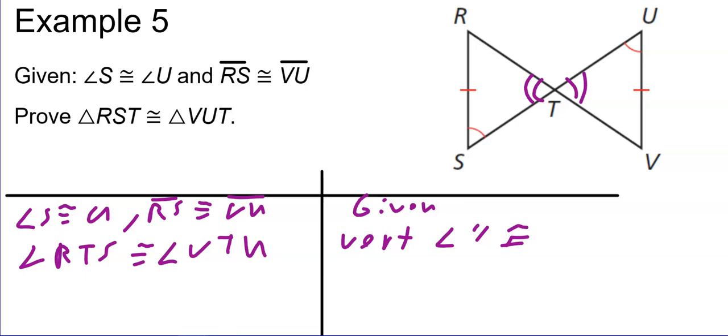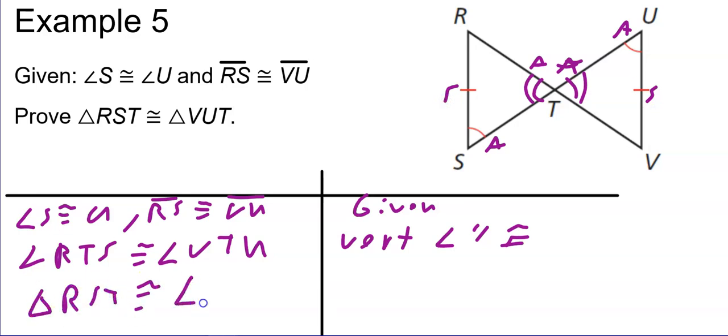And believe it or not, we're done. Because here we have an angle that matches up, and we have an angle that matches up, and we have a side that matches up. So we can say triangle RST is congruent to triangle VUT by AAS.